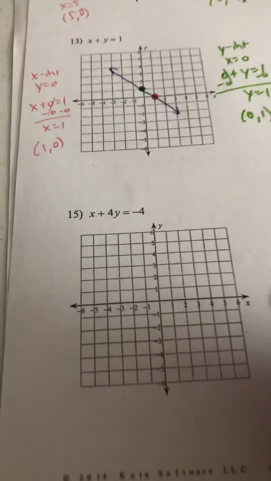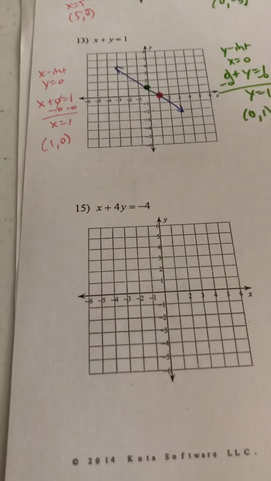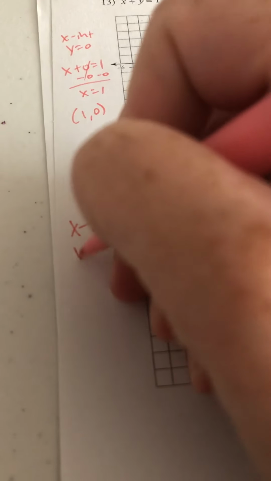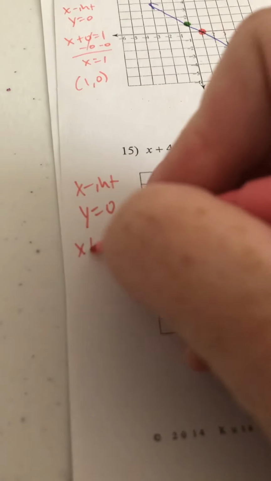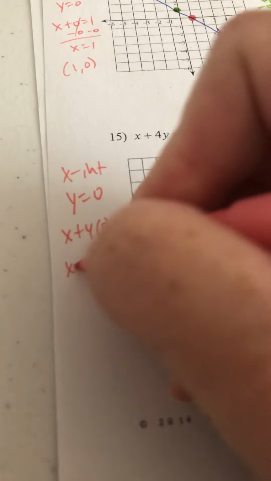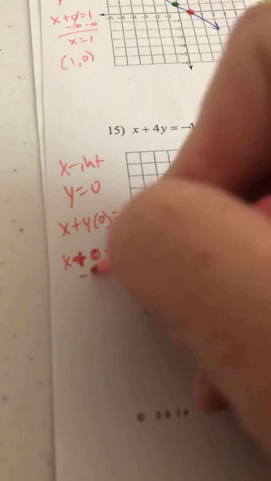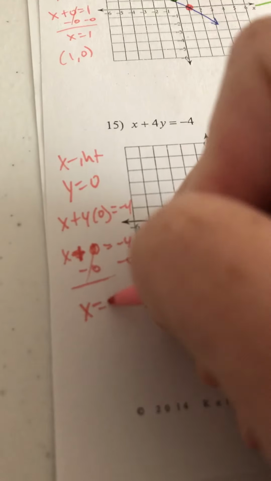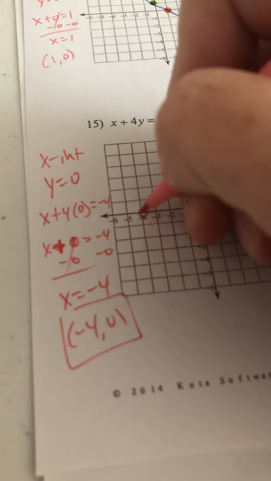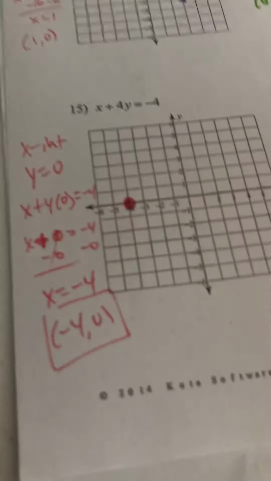All right, one more. Maybe pause and try it yourself. All right, let's see how you did. So we've got the x-intercept, so y equals 0. So x plus 4 times 0 equals negative 4. Oops, sorry, x plus 0 equals negative 4. Subtract the 0, and x equals negative 4. So on the x-axis, it's at negative 4.